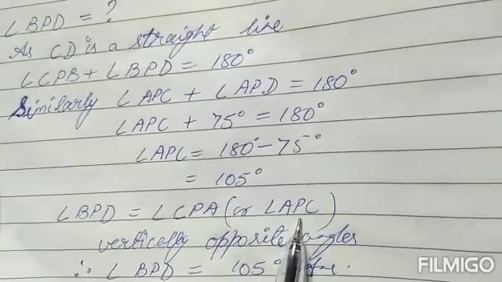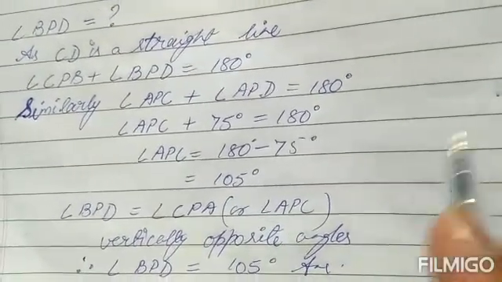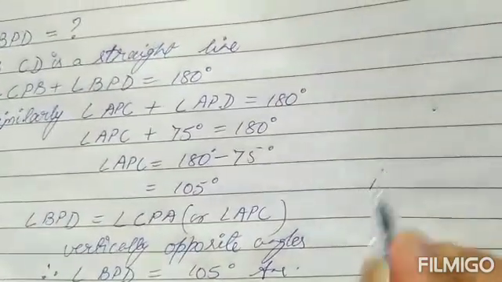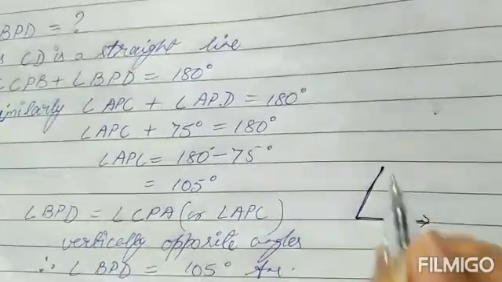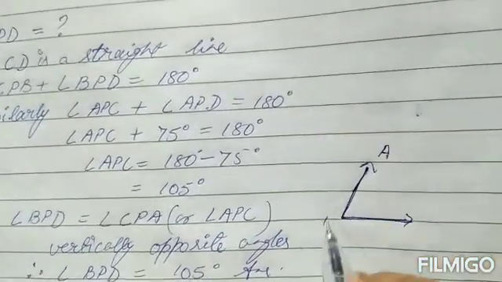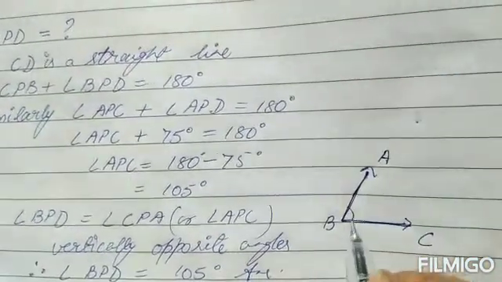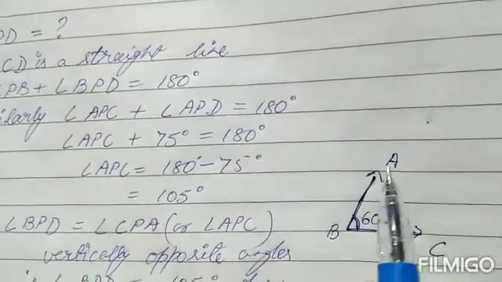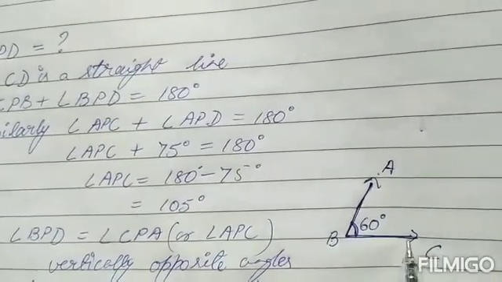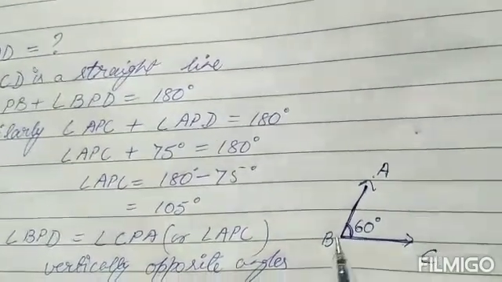Now one thing to be kept in mind, children, whenever we have an angle, suppose this is an angle, and this is the vertex, suppose this is a 60-degree angle. Now this angle I can name as angle ABC or angle CBA.